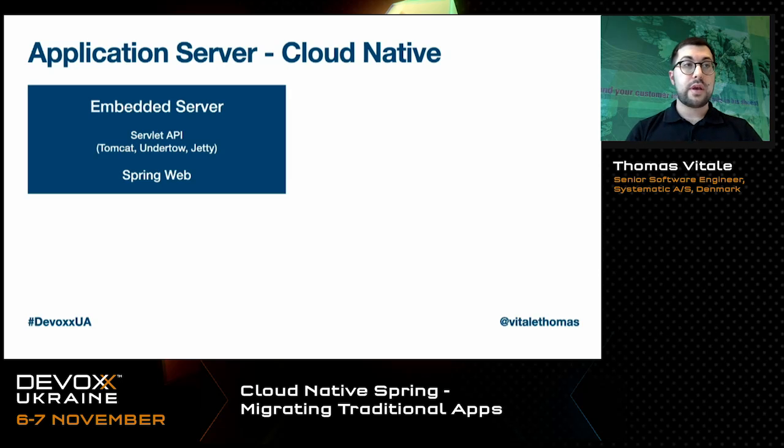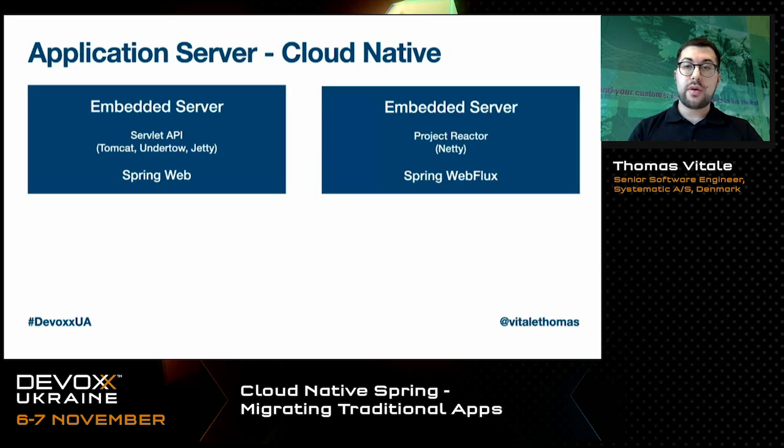But if you need specific performance, you can also make a further step and go the reactive way. So using Spring WebFlux and relying on Project Reactor and Netty to have a non-blocking server, so that all the threads handling requests will not block if they're waiting for some other computation to happen.